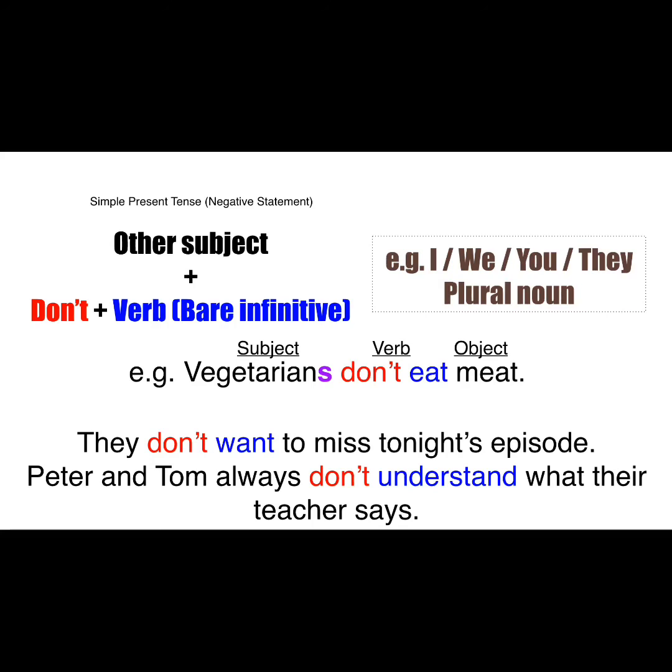Peter and Tom, together, they are two people. So it's a plural noun phrase. Therefore, we will use the word don't before the verb understand. And we don't add s or es after the verb understand. So this is how we make negative statements in simple present tense that begin with other subjects.